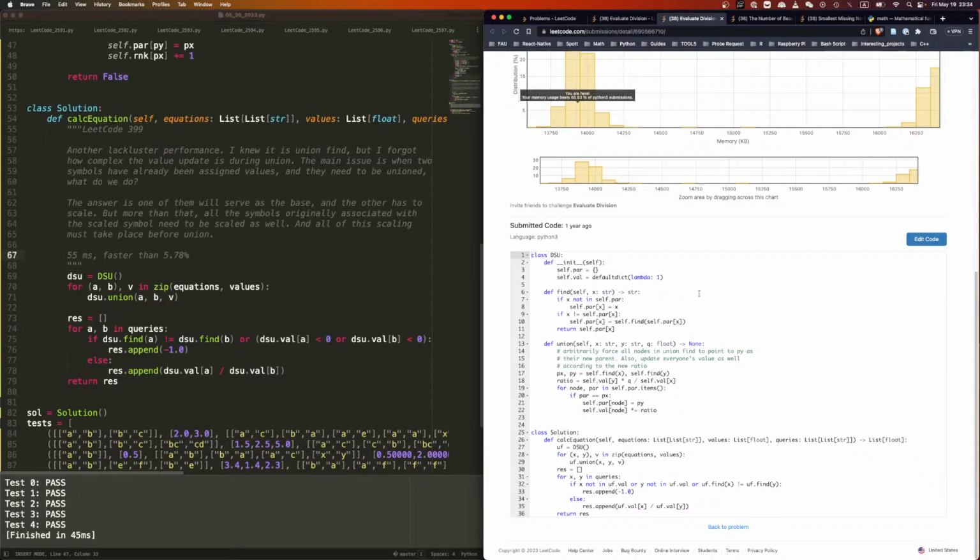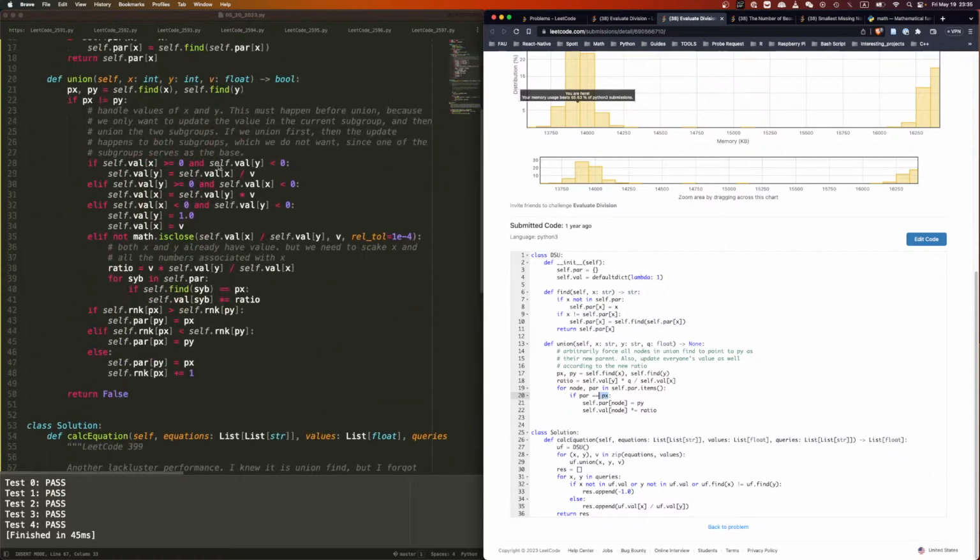We take Py as the parent, we have the ratio, so anything that's with px needs to be updated. You see here, this is before we connect them. We find it first. This is before we connect.